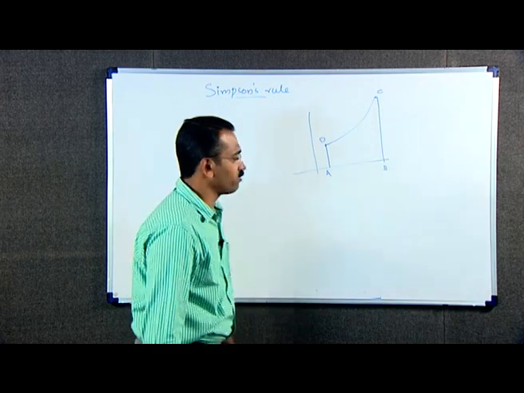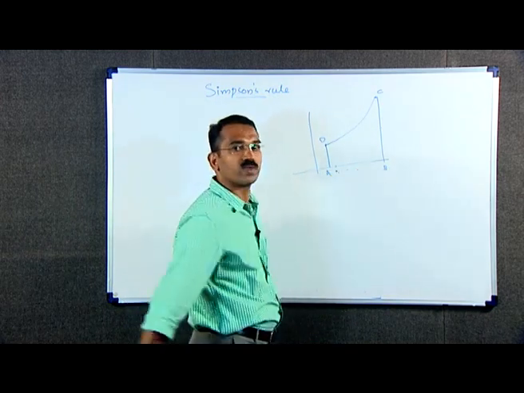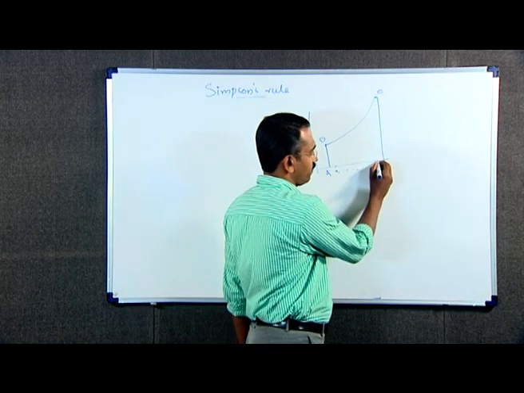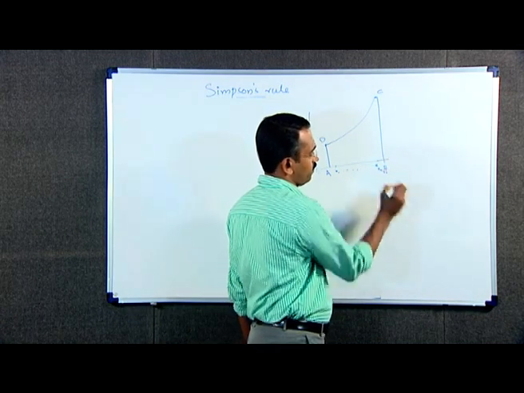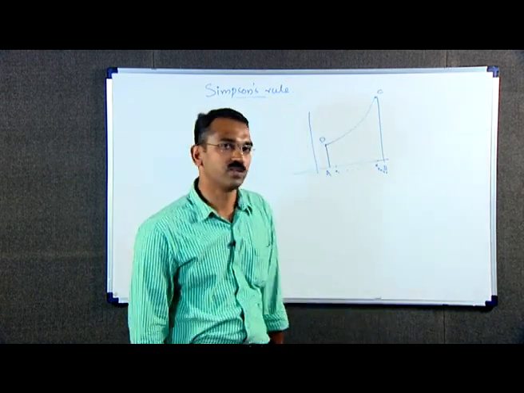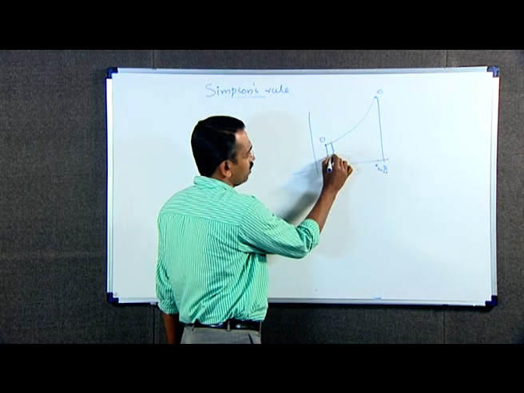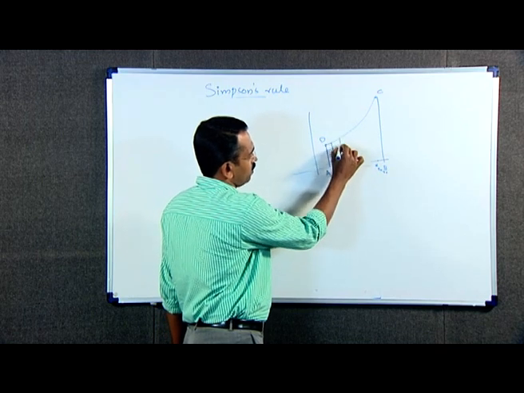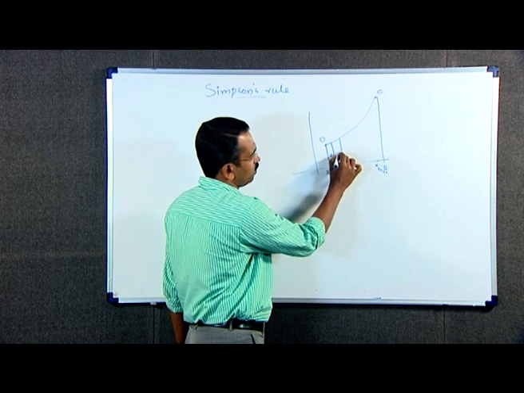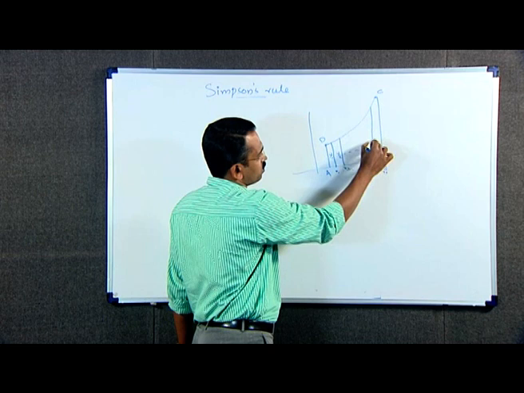Through these points of division, we draw the ordinates y1, y2, etc., y2n plus 1.